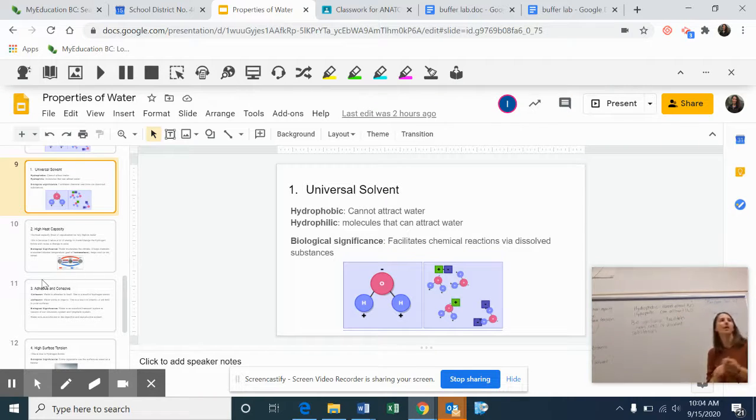So if you think about how I drew the sodium and the chlorine being pulled apart and dissociating in the water, those two things are then going to be way better at reacting with other substances because they've been dissociated in the water. So this is a biological significance of the universal solvent. Sorry guys, I totally missed that.